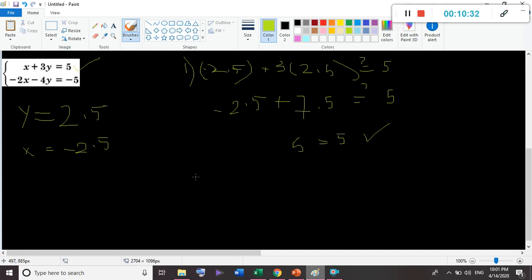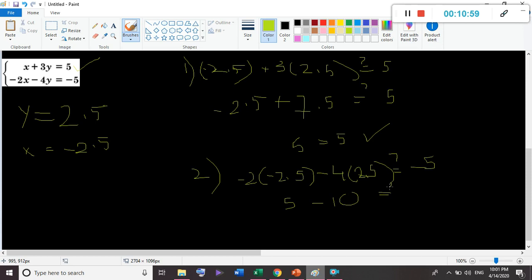Let's go to the second equation here. It's going to be negative 2 times x, which is negative 2.5, minus 4 times 2.5. Is it equal to negative 5? So now negative 2 times negative 2.5 equals 5, minus 4 times 2.5, which is equal to 10.